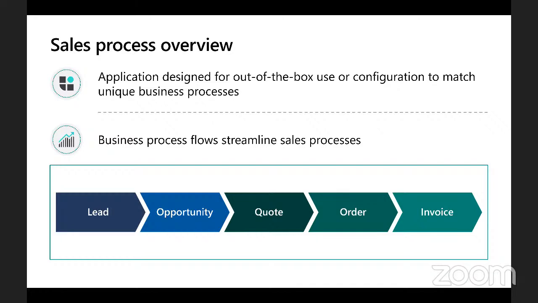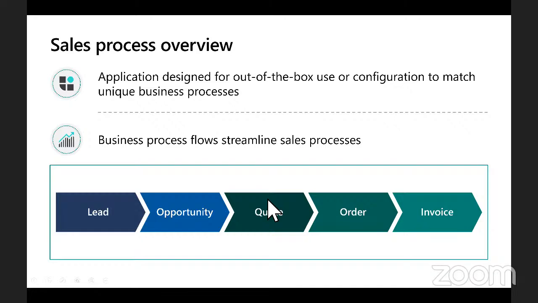It is designed to guide the salesperson to say, okay, at the lead stage I have enough information to start pursuing this person to get it to an opportunity. Then once it gets to an opportunity, we know what happens at this point. We start taking a few more details, which allows us to get to this point.